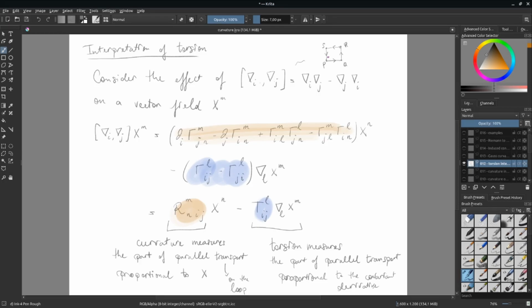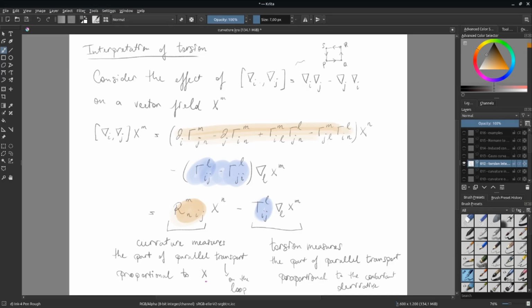essentially, you can express it as the curvature times your basic coordinates minus the torsion times the covariant derivatives of your vector field. So xm here is the vector field. And so what that tells you is that curvature measures the part of parallel transport that's proportional to xm on the loop.